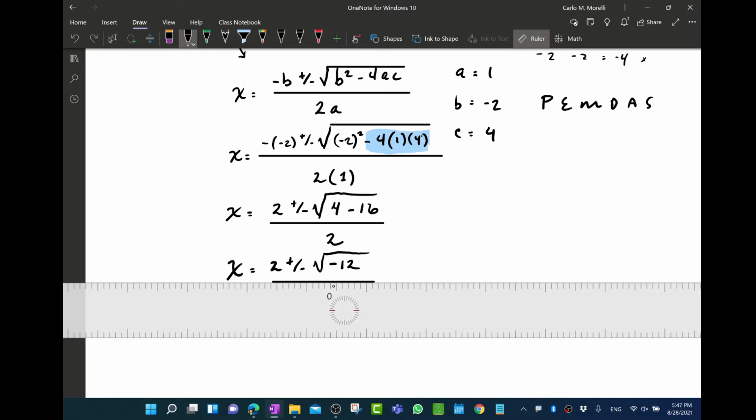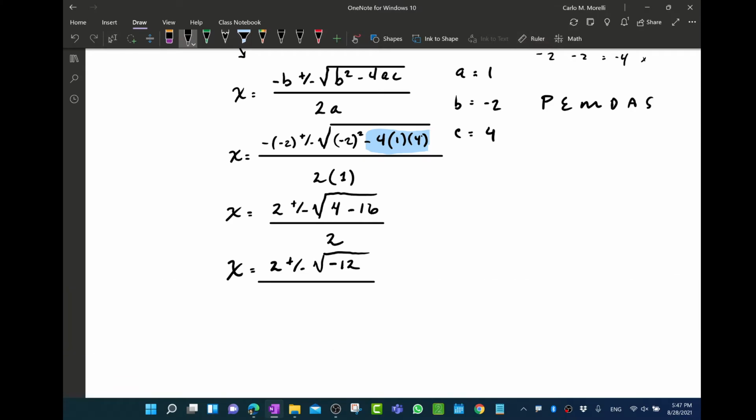Now we're going to be able to simplify this radical. So don't worry about this. You have over here in side work. Let's just take a little mental break. Just chill out and remember that you have the square root of negative 12, right? Okay, so this can be rewritten as the product of the square root of negative 1 times the square root of 12.